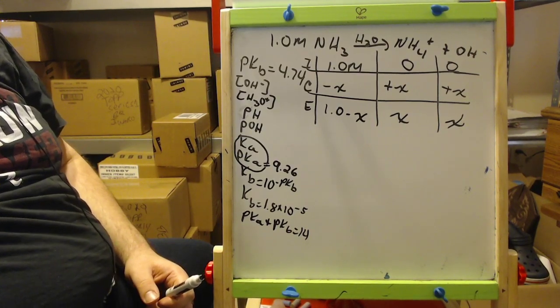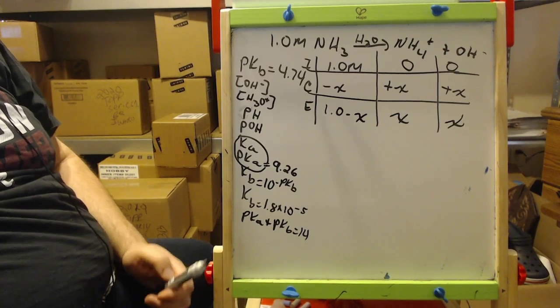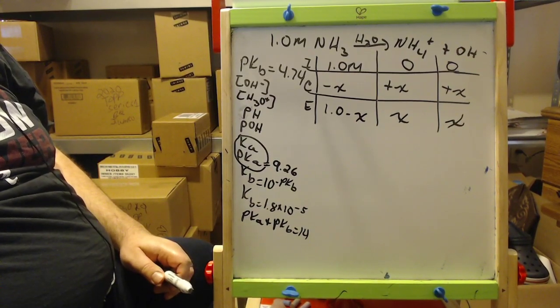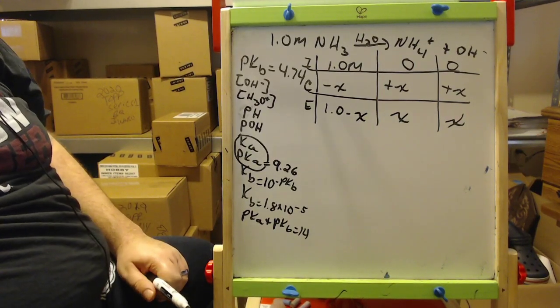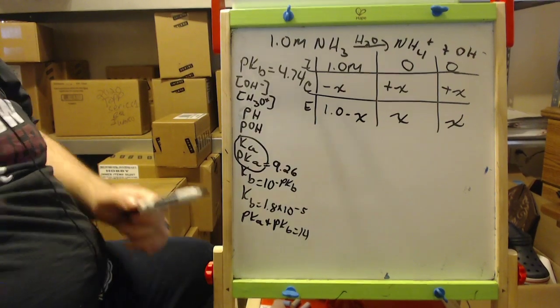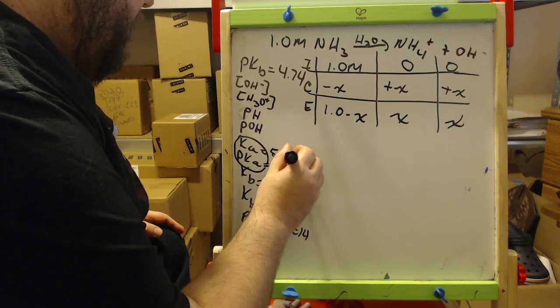And 10 to the minus 9.26 will be my Ka. 5.5 times 10 to the negative 10th. 5.5 times 10 to the negative 10th.